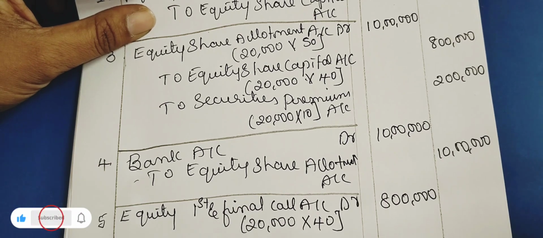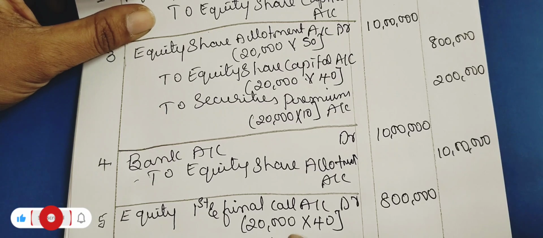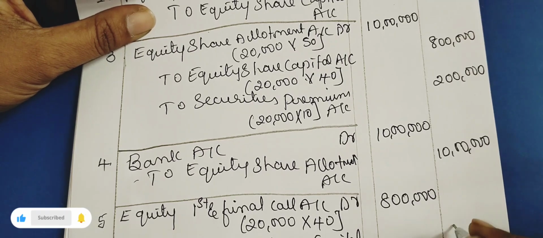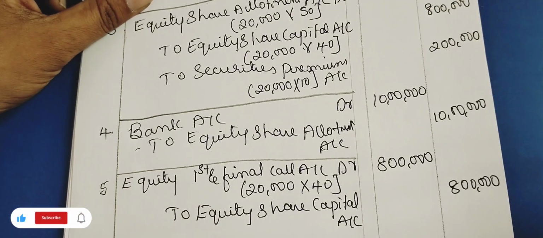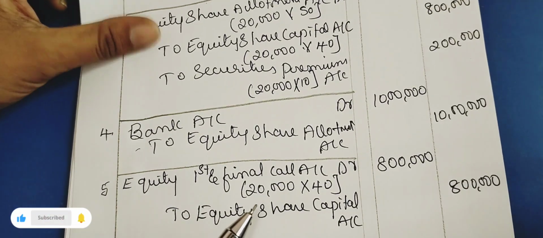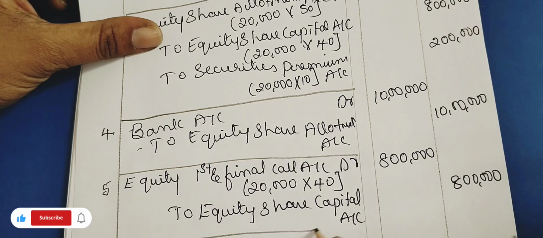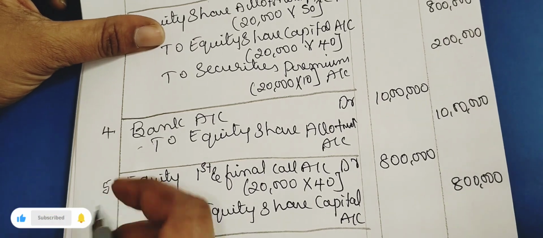To equity share capital account, 8 lakh. Being first and final call money due.